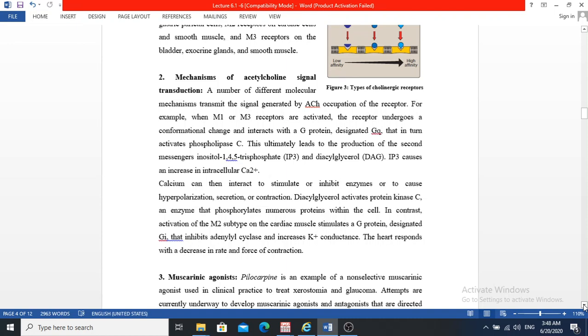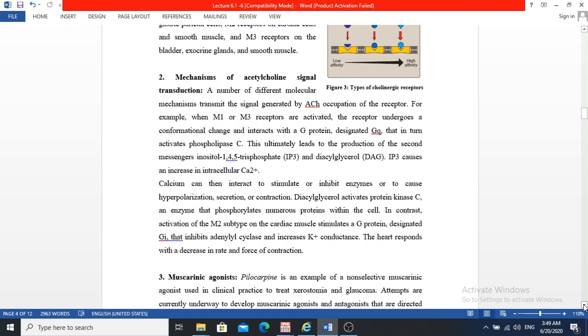For example, when M1 and M3 receptors are activated, the receptor undergoes a conformational change and interacts with a G protein, designated Gq, that in turn activates phospholipase C. This ultimately leads to the production of second messengers, inositol 1,4,5-triphosphate, IP3, and diacylglycerol.